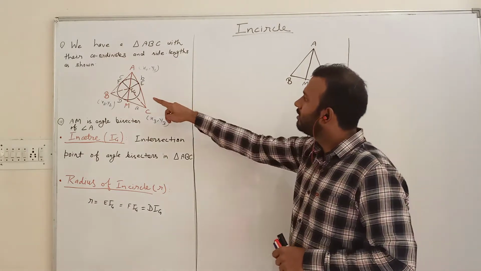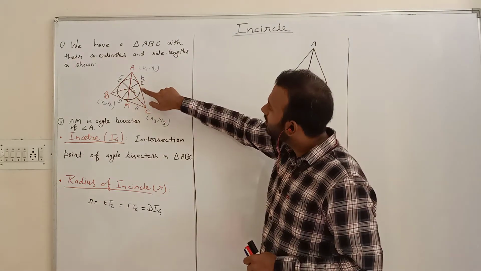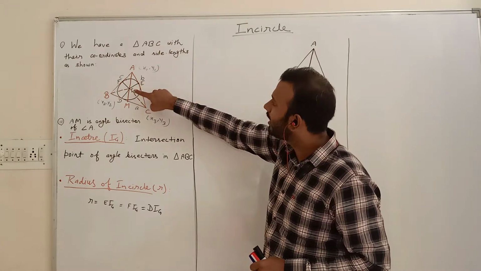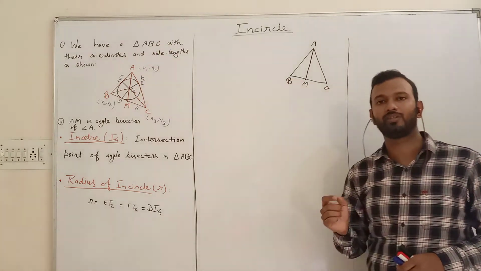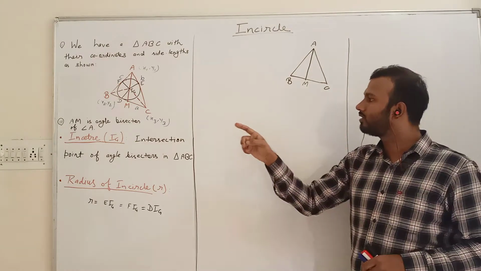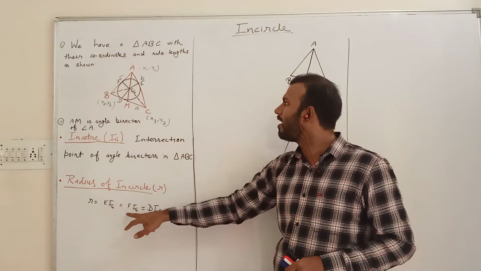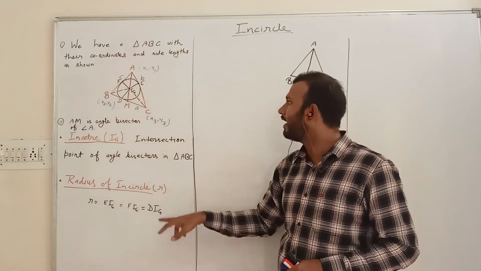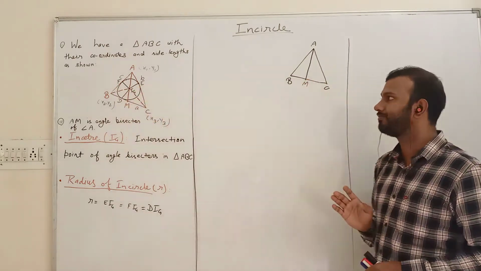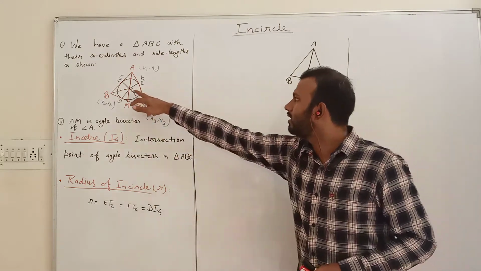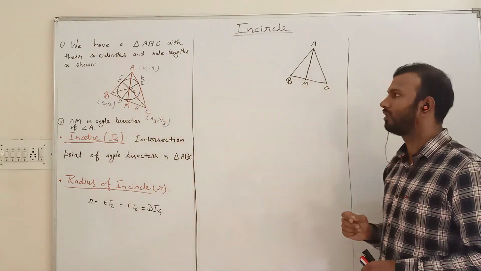And here, I and E, this line is perpendicular to AC. This is the radius of the circle. We have the incircle with radius as shown, EI, or FI, or DI, as shown in the diagram. So this is the radius of the incircle and that is the incenter of the circle.